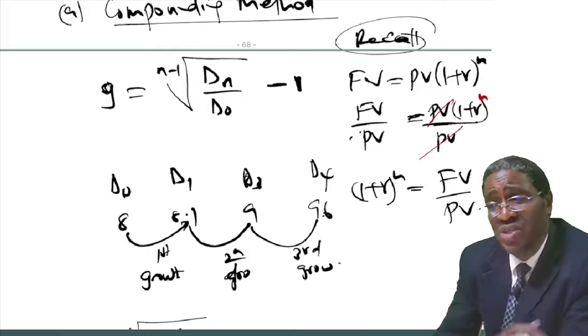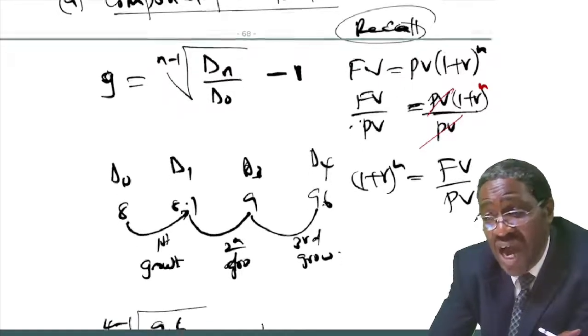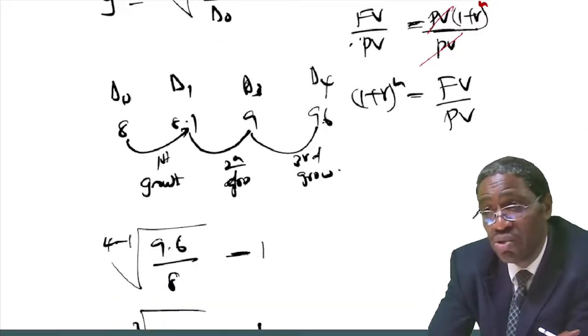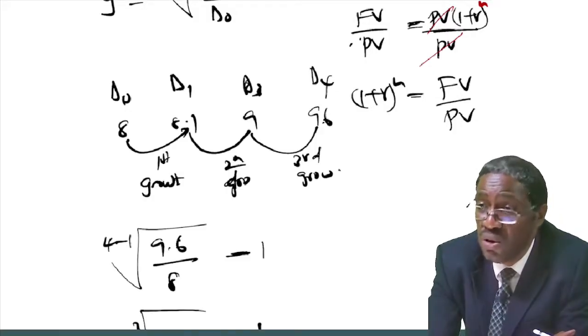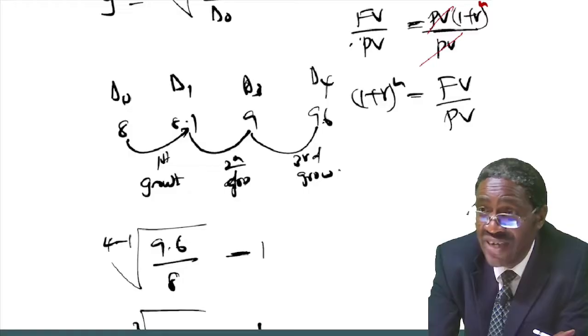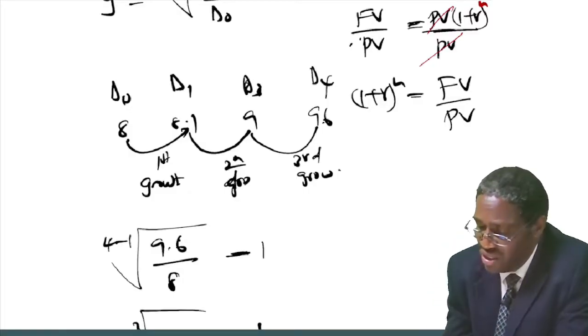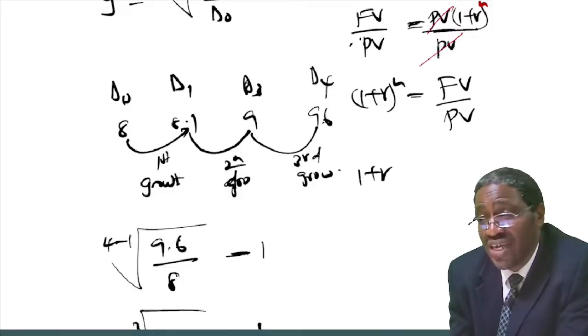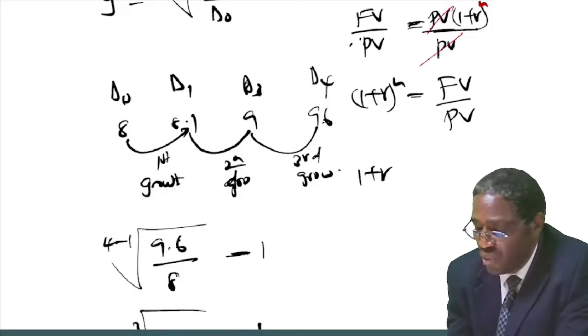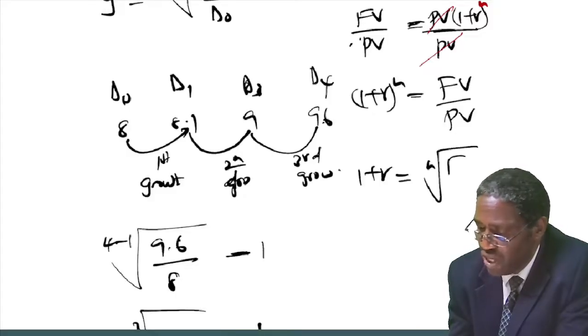Then now let us solve for r. To solve for r, I can take the nth root of both sides. Are you seeing? I take the nth root of both sides. If I take the nth root of this side, it will leave me with 1 plus r equal to the nth root of FV divided by PV.